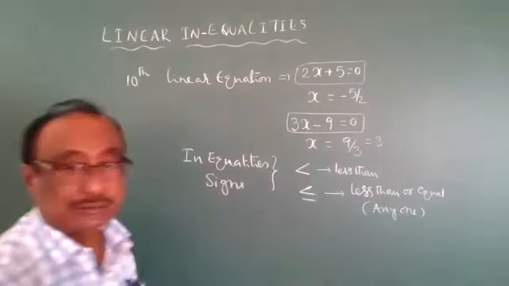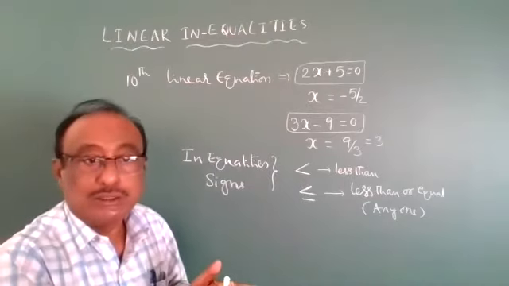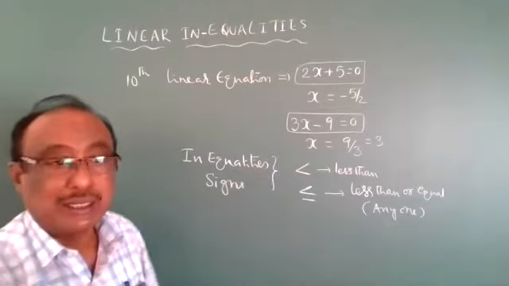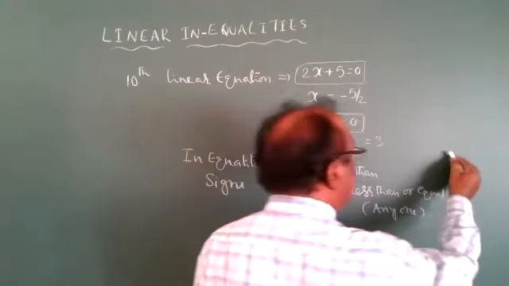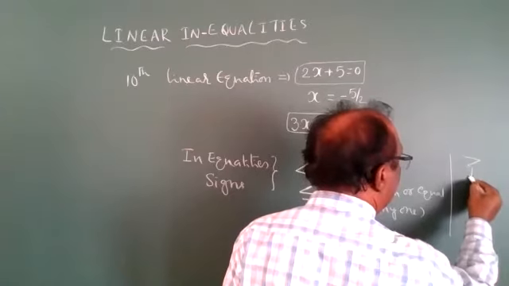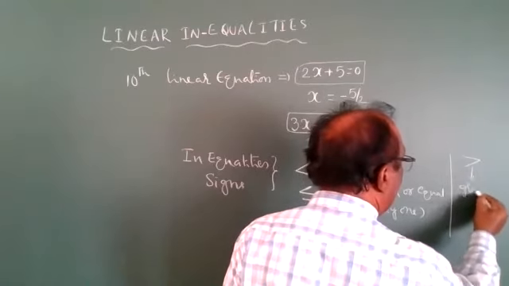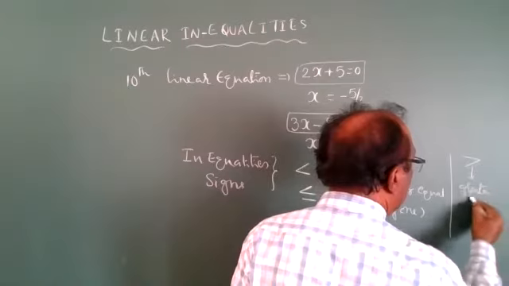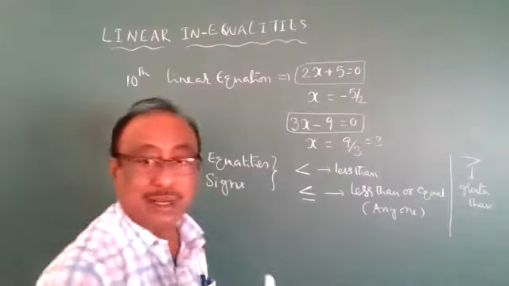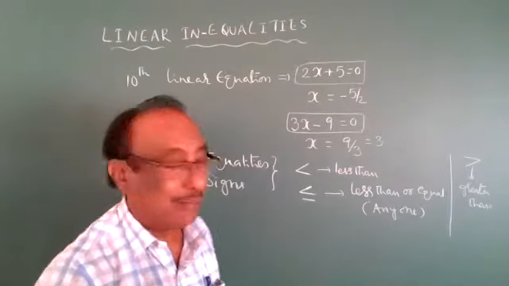You should remember: mouth closed is the less than, mouth open is the greater than. This symbol is greater than. The open side is the greater number, the closed side is the lesser number.